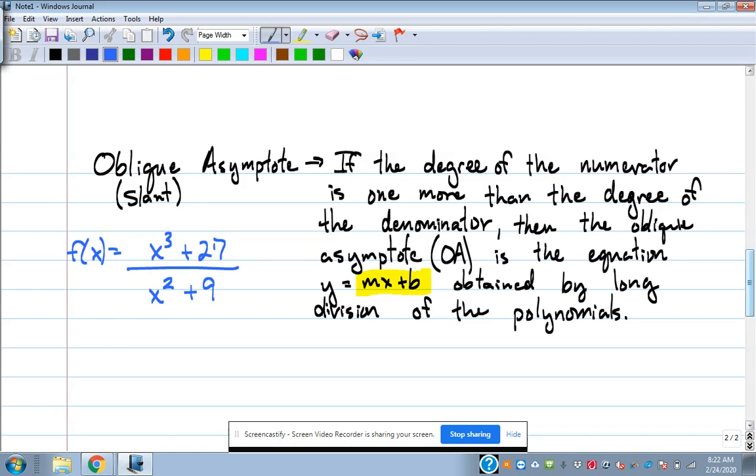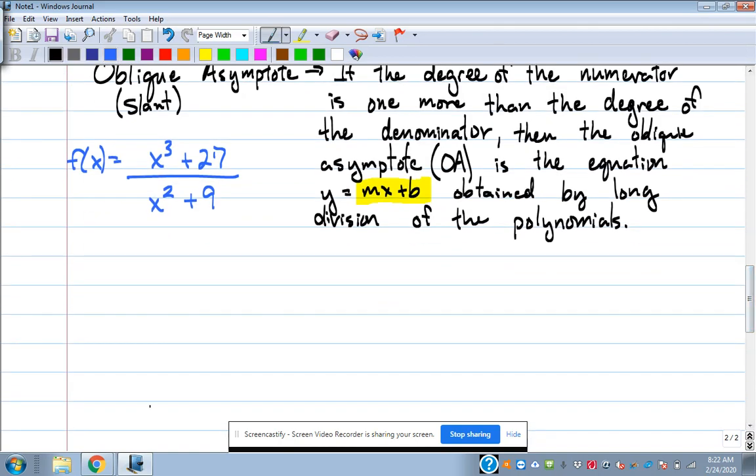So with those rules and these certain ways the degree has to work out for those to exist, what do we know about horizontal asymptotes and oblique asymptotes? Can they happen at the same time?